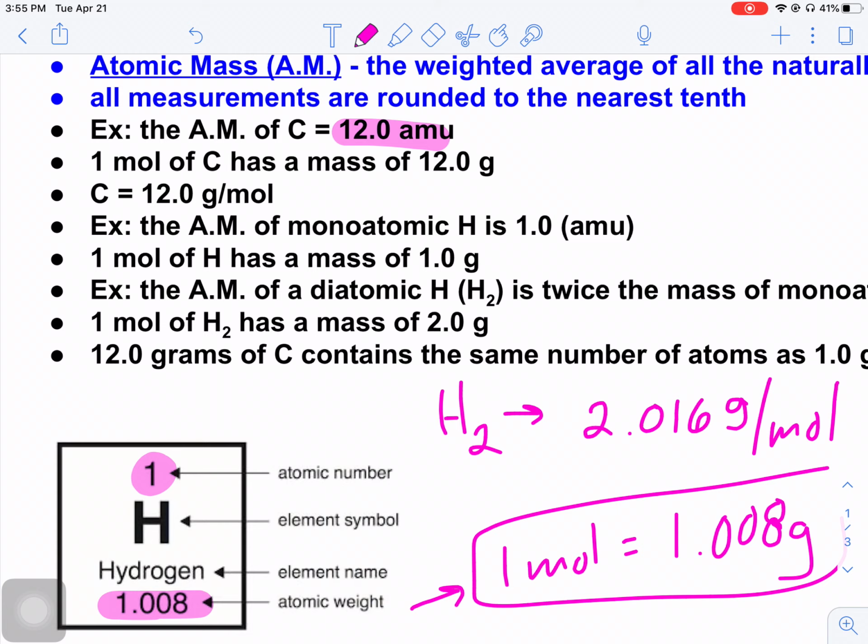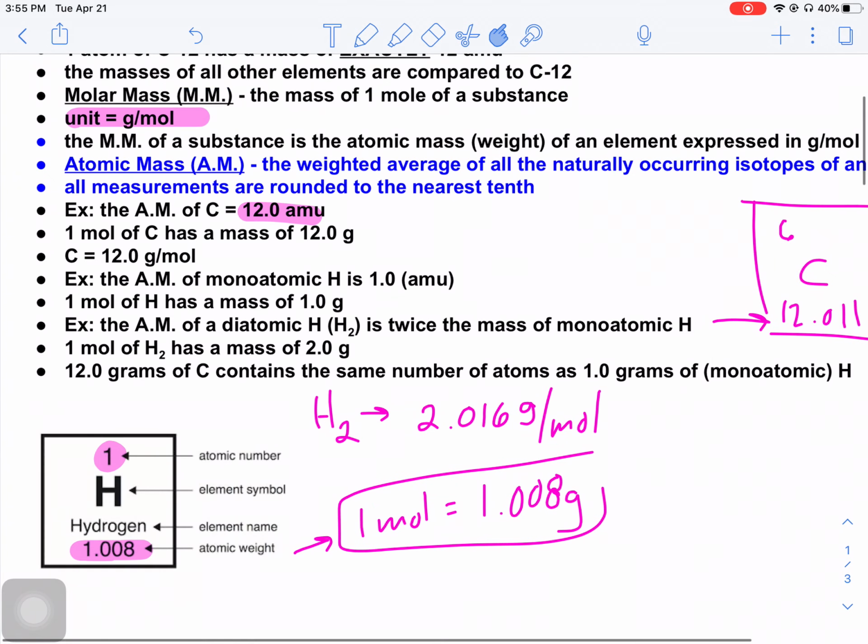Now, assuming that you have a periodic table, all you're doing is swapping out atomic weight and replacing it with grams per mole. So now, this is important. We said that the atomic mass of carbon was 12 grams per mole. We said that the molar mass of monoatomic hydrogen was 1 gram per mole.